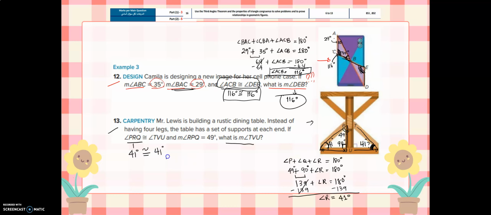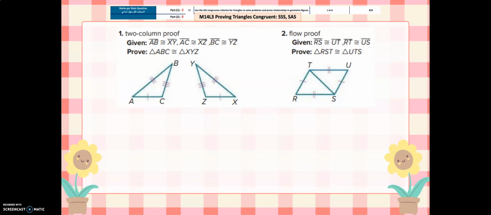So in this example, the answer is the measure of angle TVU is equal to 41 degrees. Corresponding parts of congruent triangles are congruent. All right, so let's move on to the next example.